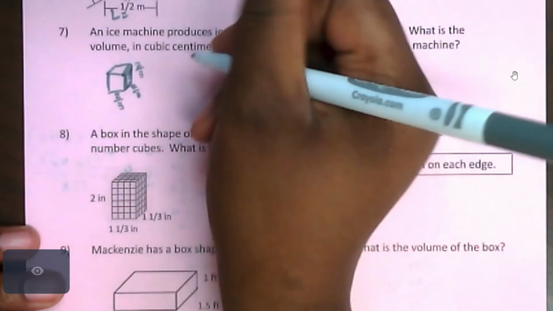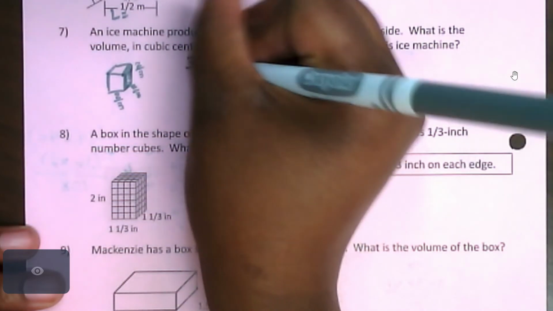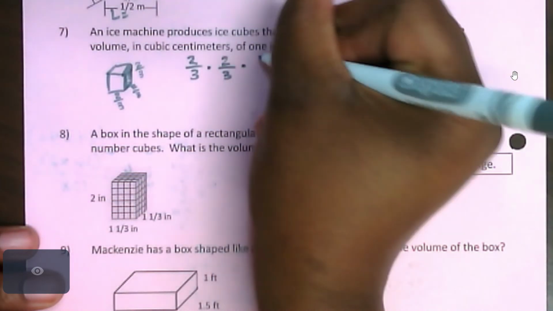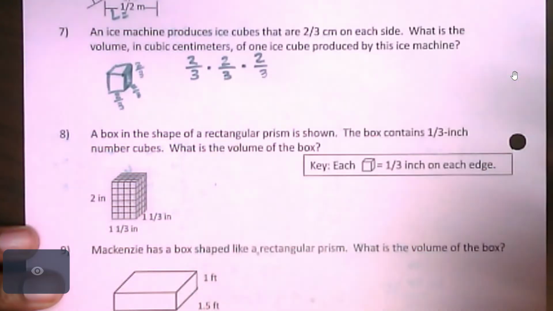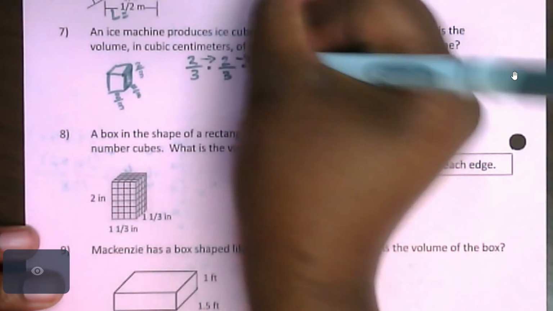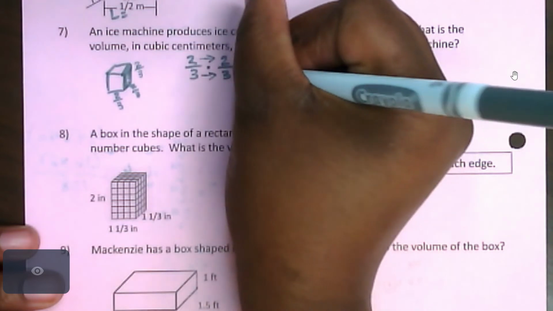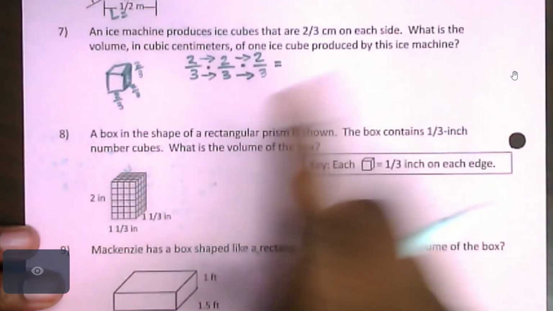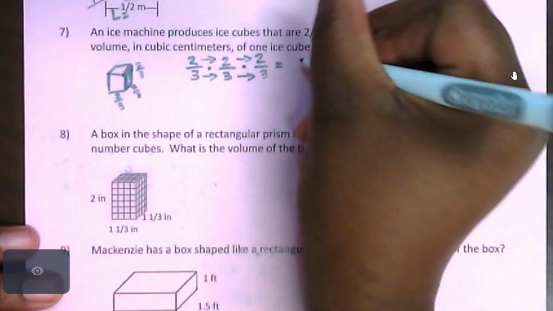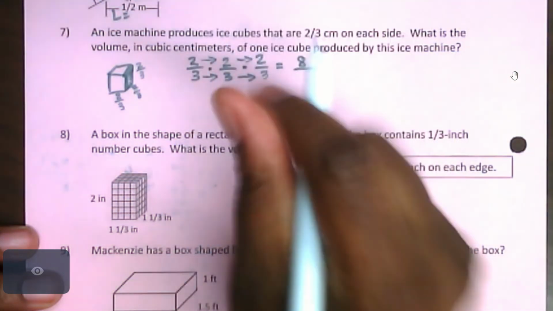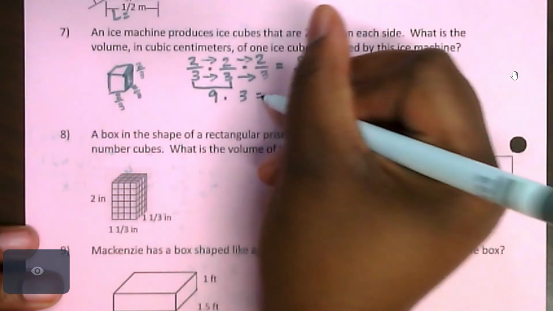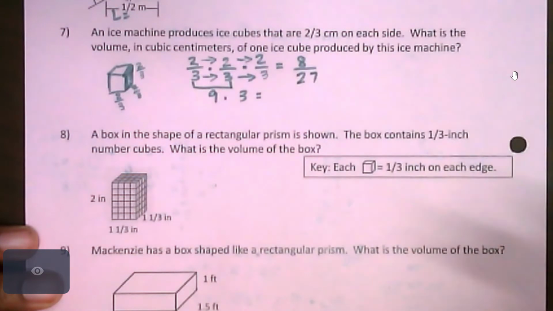So I am multiplying 2 over 3 times 2 over 3 times 2 over 3. This is multiplication of fractions, so I am multiplying straight across. 2 times 2 is 4, times 2 is 8. 3 times 3 is 9, times 3 equals 27.